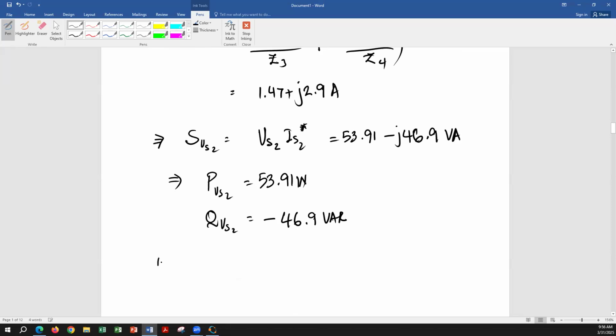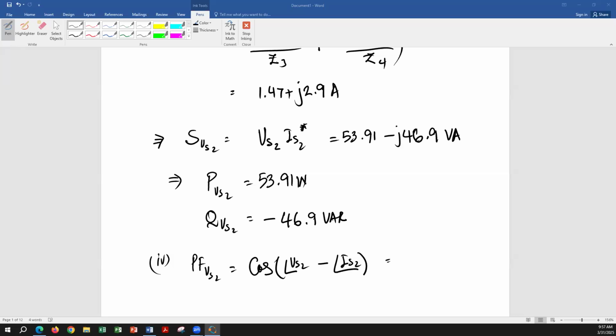And then we can calculate the last one, the power factor of VS2, which is the cosine of the angle of VS2 minus the angle of IS2. The angle of VS2 is 22 degrees, 22 times pi by 180.